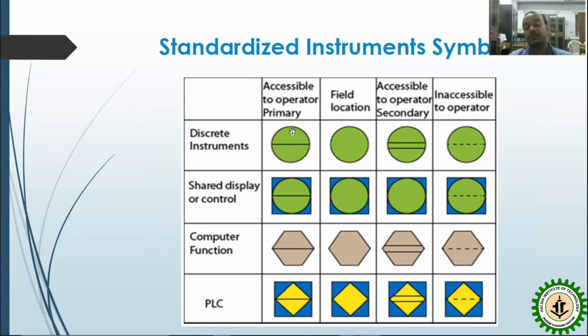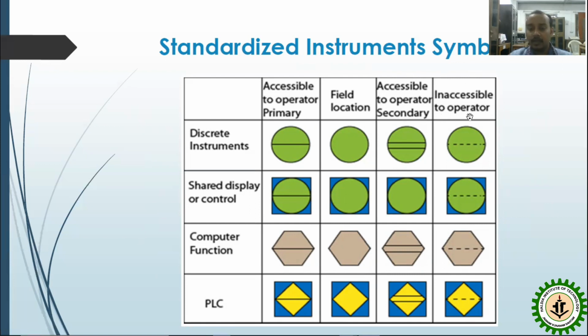The primary master is mainly associated with the control room, who is sitting in the control room. And the secondary operator is associated with the maintenance team, who goes to the field and tries to check the instruments. Also the field-located instrument will be represented in a different way in the P&ID.